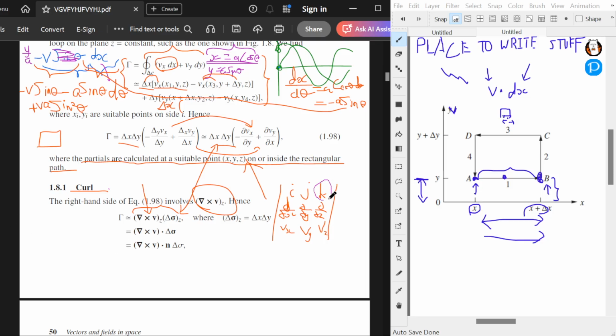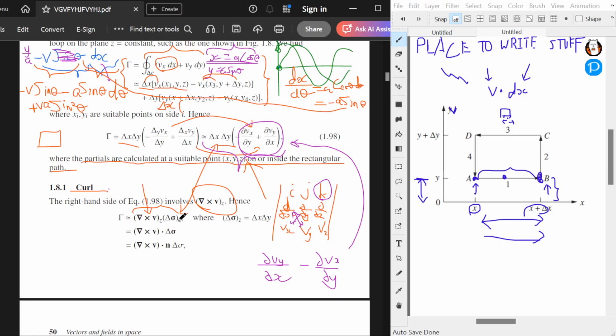They're saying the z component, not the entire thing, just this section. It's just the z component. Z is this times this minus this times this. So del Vy, del x minus del Vx, del y.